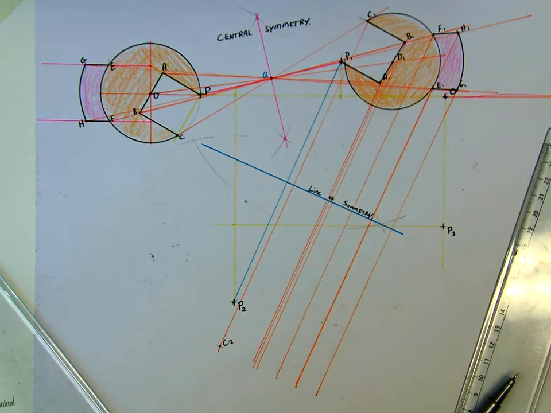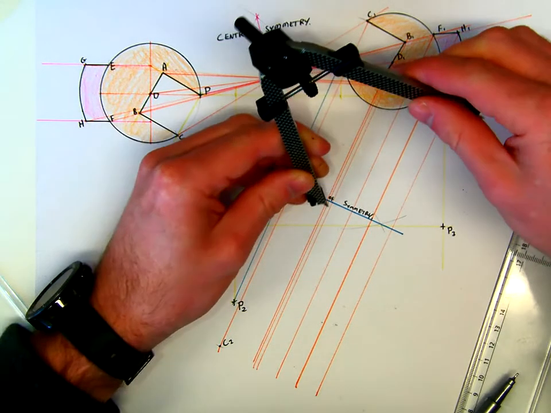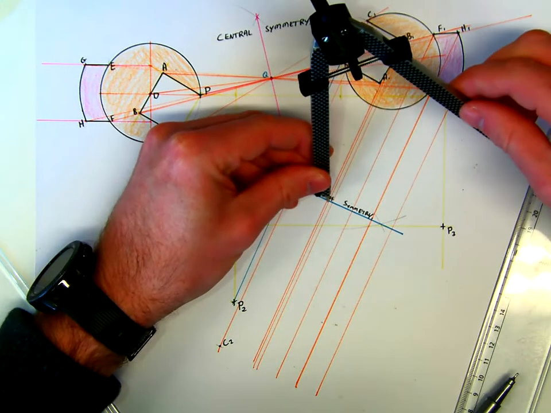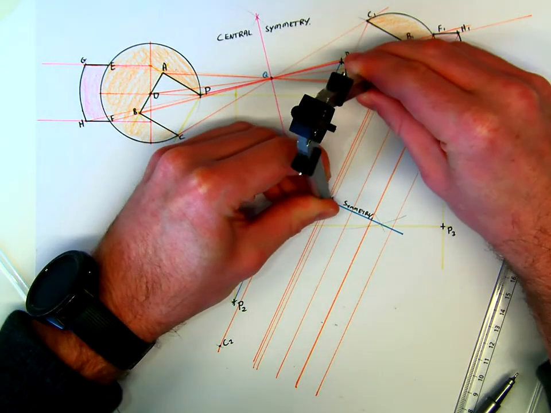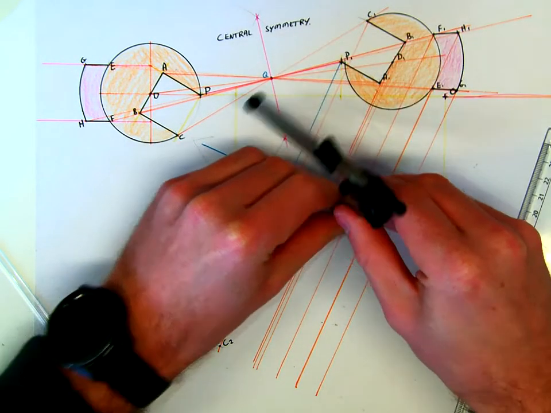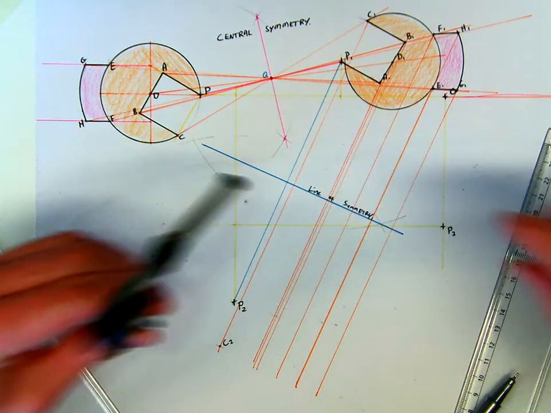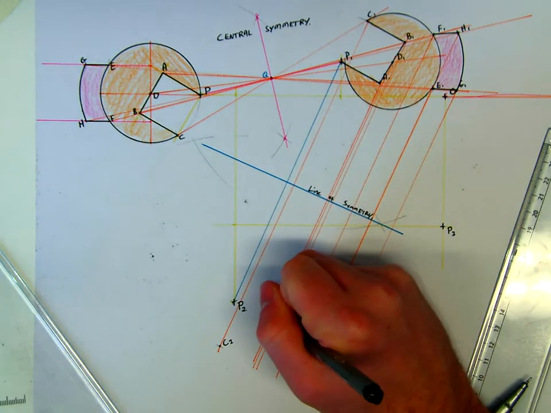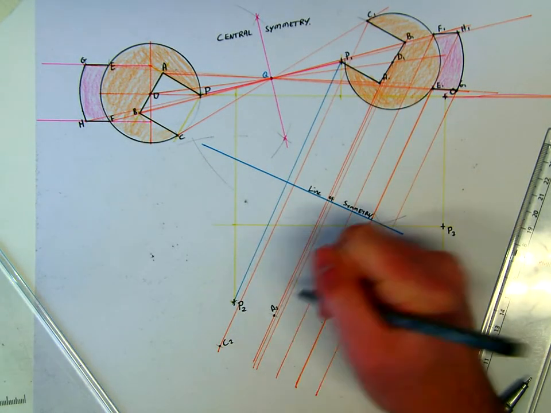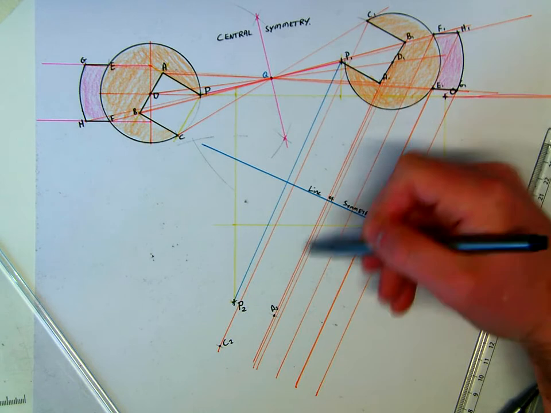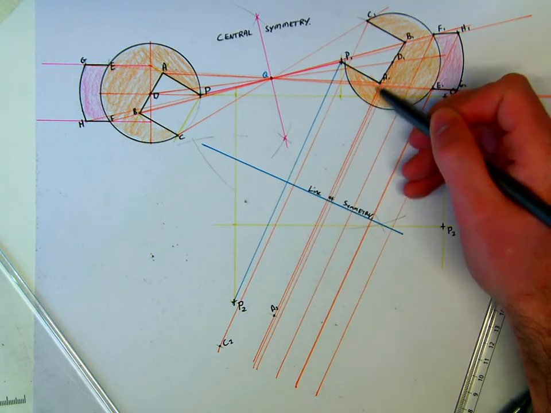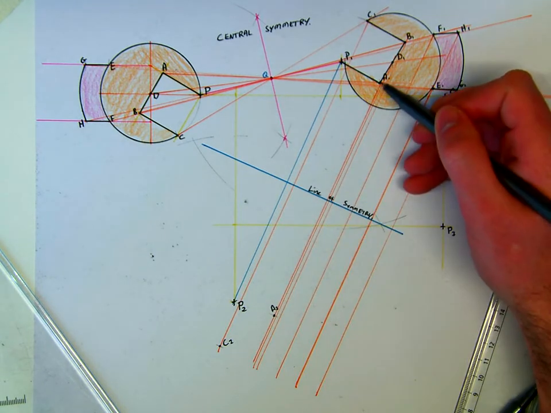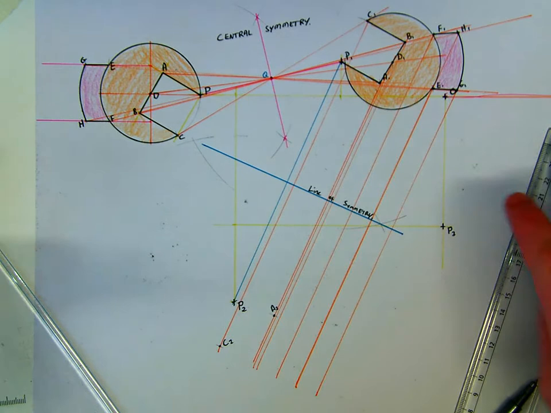Next one over is A. So I put my compass on the line of symmetry, stretch it out to A, swing it around, and I'm going to label A2. You just need to be careful, and you need to make sure that every time you're marking a new point, it's on the same line as the one it came from. So A1 and A2 are on the same line.